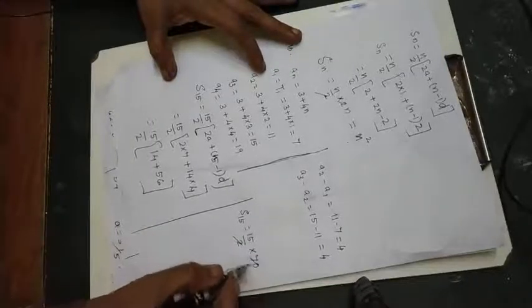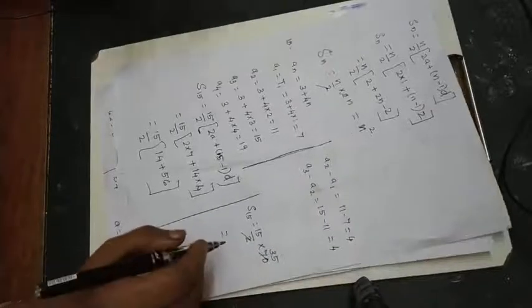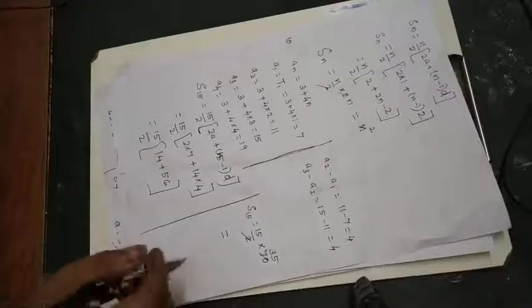So you can cancel this one, 35. So 15 into 35 you will get. So that value, 15 into 35, 525 you will get.